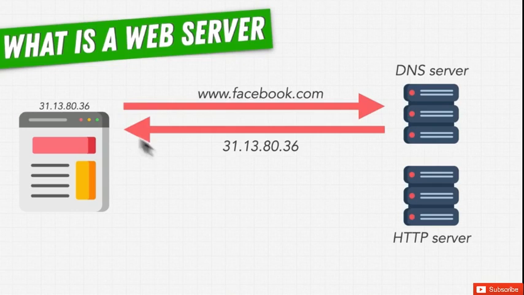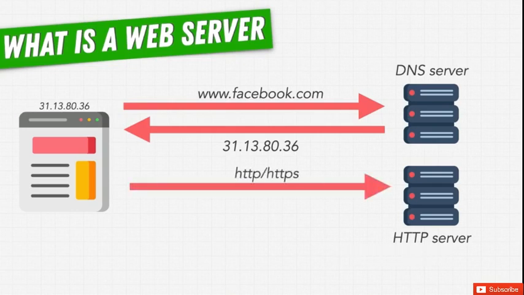which will give us the data that we're asking for. It's an HTTP server because we communicate with it using this HTTP protocol, the Hypertext Transfer Protocol, or the secure version of that, which encrypts our communication so that no one can snoop on or steal our data.